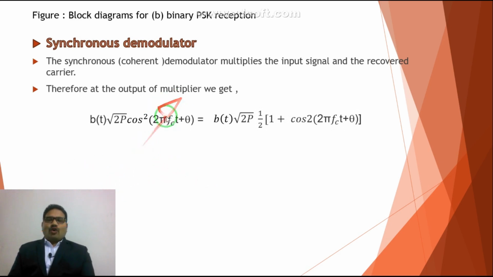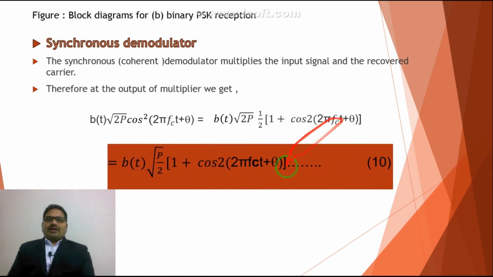As you know that cos square theta is equal to (1 plus cos 2 theta) by 2. So it would become b of t square root of 2P times 1/2 times (1 plus cos(2 pi fct plus theta)), since it is your received signal. So we can rearrange this equation and write the output of this multiplier circuit.